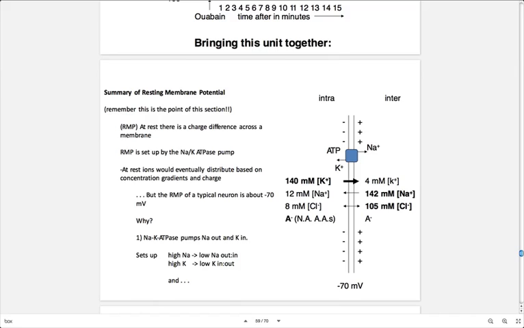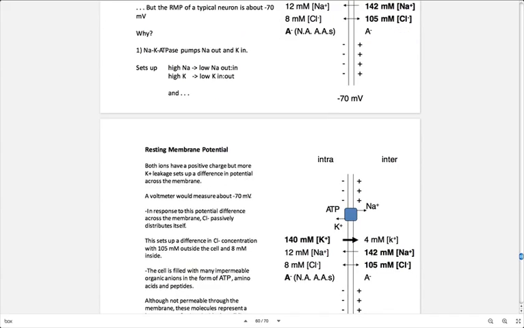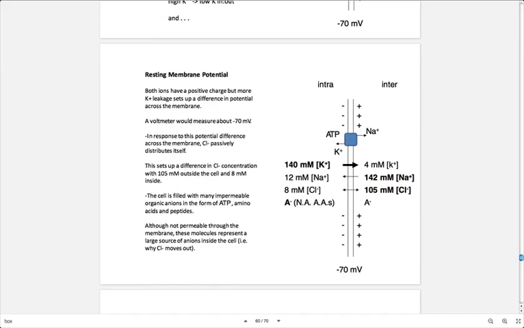But for now, we can just consider it setting up these gradients, and the movement of ions across the membrane is going to set our resting membrane potential at our value of -70. Again, just some text to go with that, so when you're reviewing this, you can go over it.